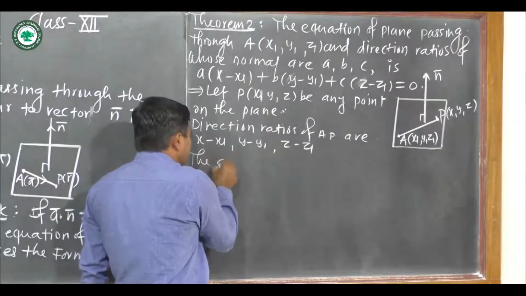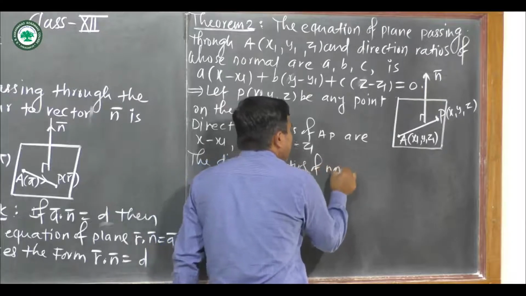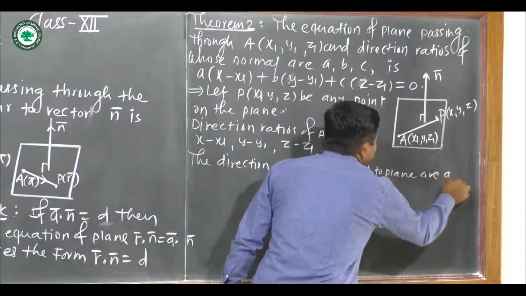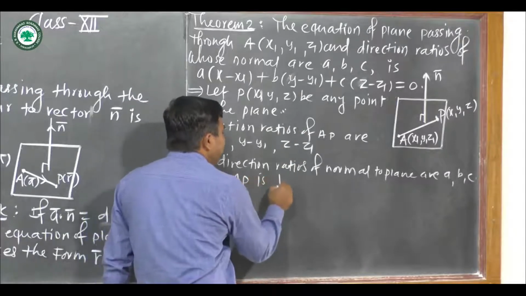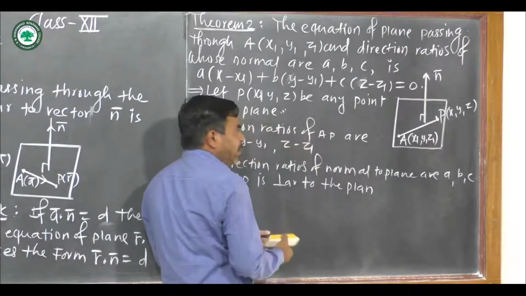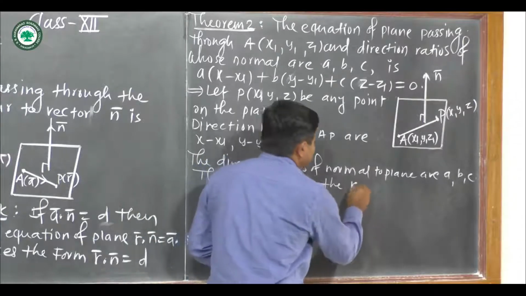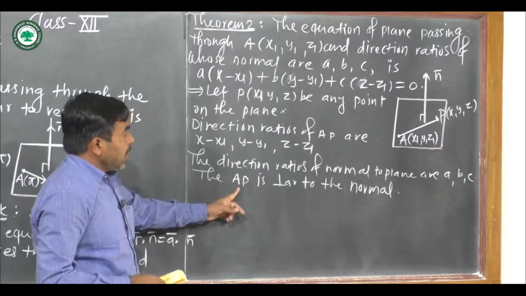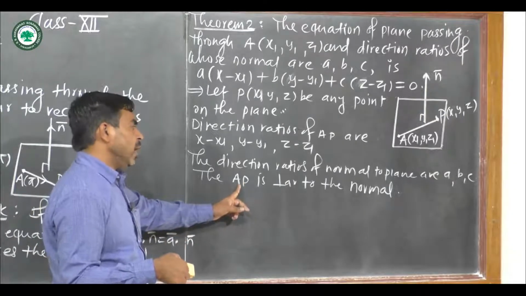The direction ratios of normal to the plane are A, B, C. AP lies in the plane and the normal is perpendicular to the plane, so normal is perpendicular to AP.